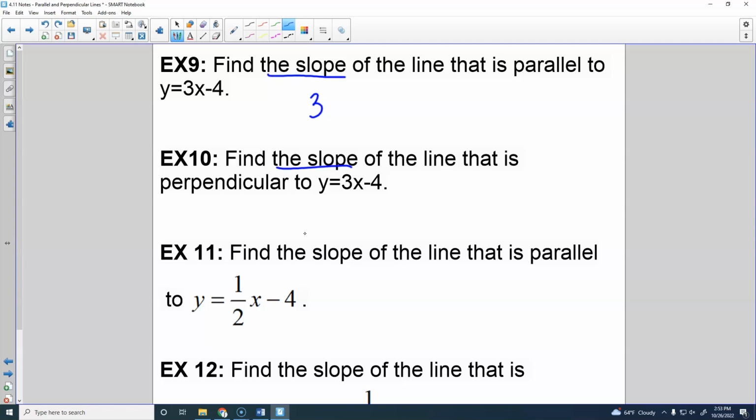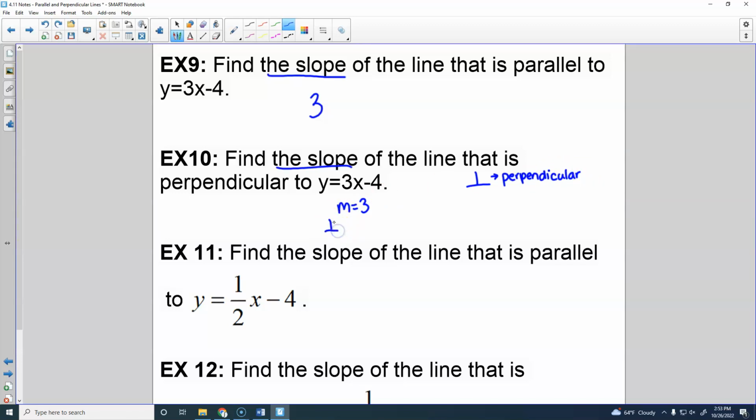What? -4? No. What is the slope of this line right here? The slope of this line right here is 3. I'm going to call it m equals 3. Alright, now, I'm going to use this symbol right here, an upside down capital T. That symbol is a mathematical symbol. It means perpendicular. Mathematicians don't like to write out long words, so they just create symbols for them.